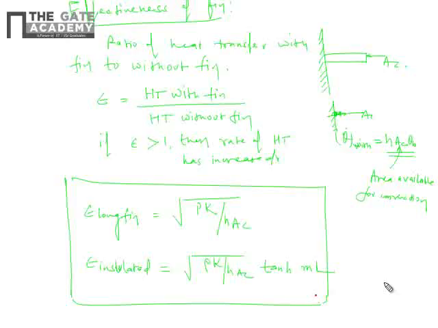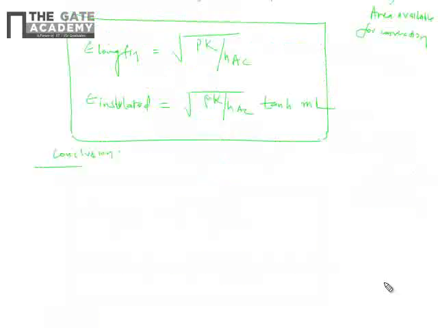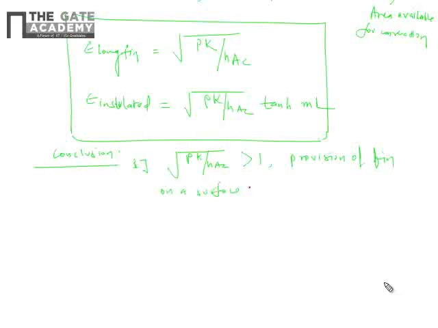Some of the conclusions from the effectiveness formula of fin: First, the value of root of Pk upon h Ac should be greater than 1, and strictly speaking, provision of fin on a surface is justified if root of Pk upon h Ac is greater than 5.